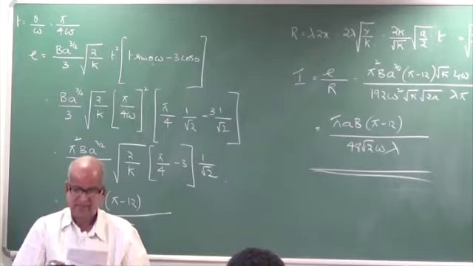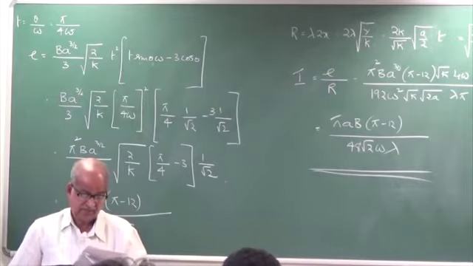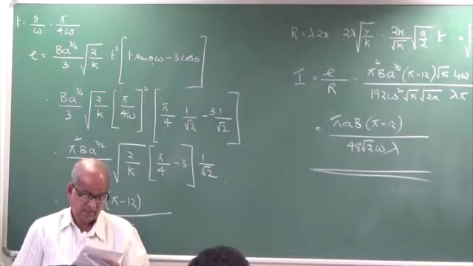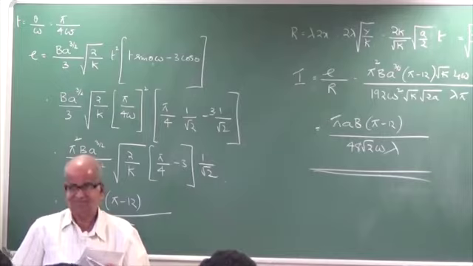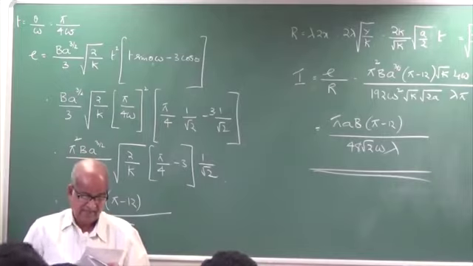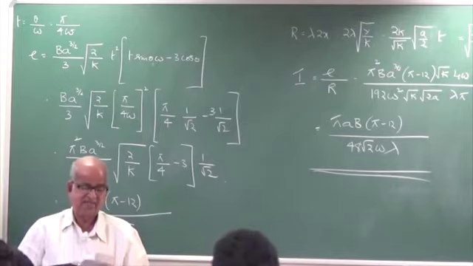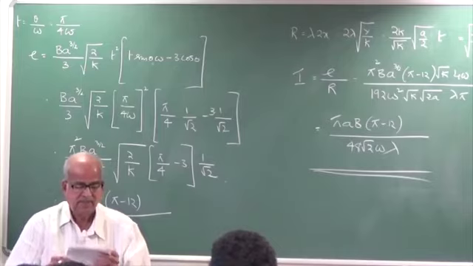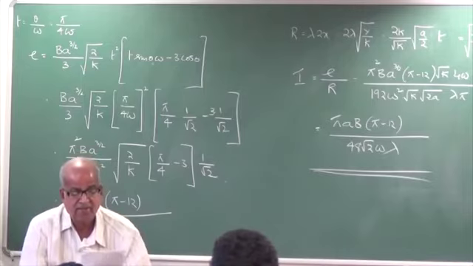I'll read the problem again. A conducting rod AA' of mass small m slides without friction over two long conducting rails separated by a distance L. At the left end, the rails are interconnected by a resistance capital R. The system is located in a uniform magnetic field perpendicular to the plane of the loop.